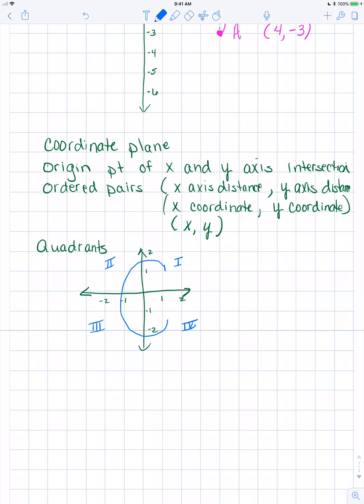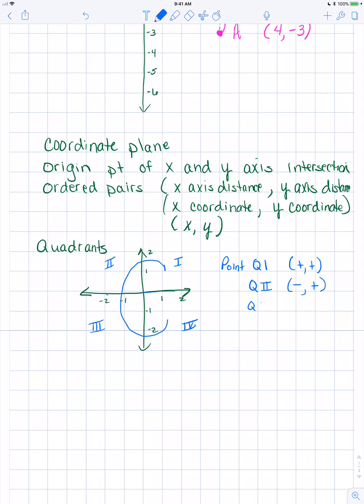So let's talk about what would happen in each quadrant. If I had a point in quadrant 1, it's going to be a positive number and a positive number. If I have a point in quadrant 2, and you don't have to use Roman numerals, you could put the number 2 if you want, notice I'm going negative in the x-axis, but then positive in the y-axis. So it's going to be a negative number and then a positive number.